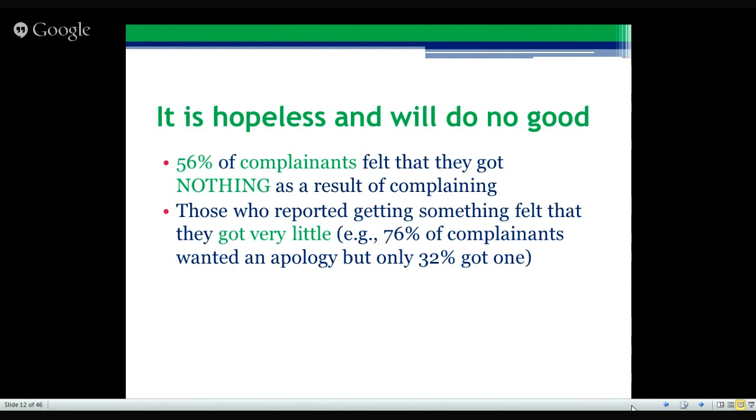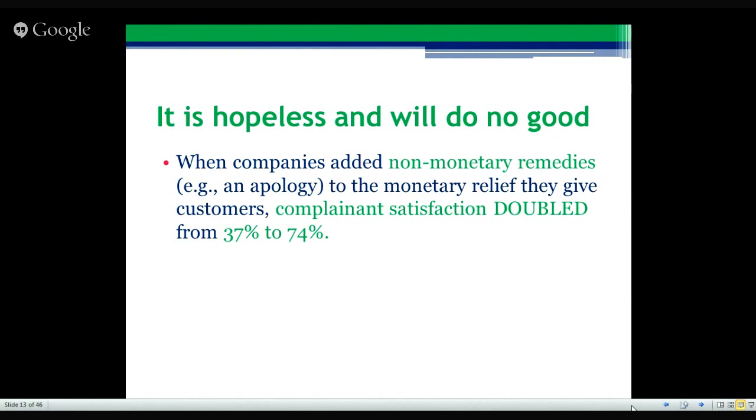So even just giving some type of monetary remedy, some type of discount or a gift card to the customer to try your product or service again, and apologizing, increased satisfaction from 37 to 74%. It almost doubled. The satisfaction rate almost doubled just by apologizing and giving some type of monetary compensation.